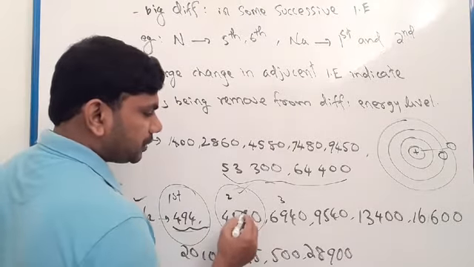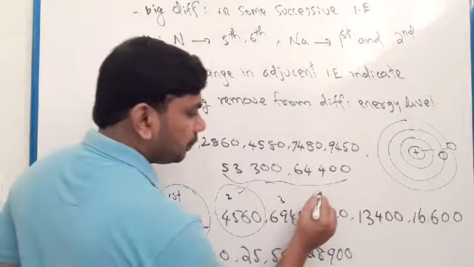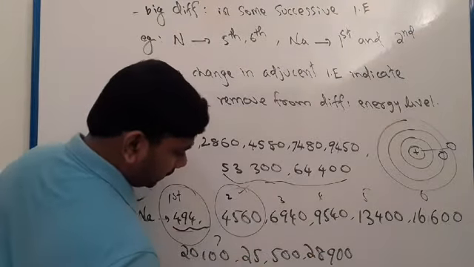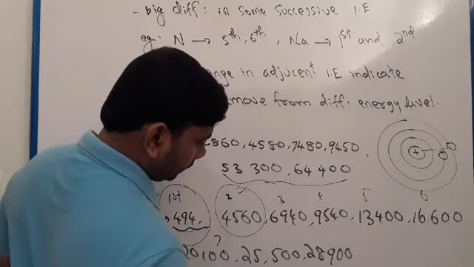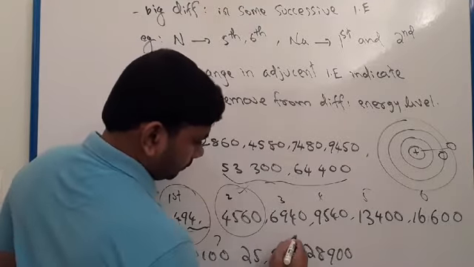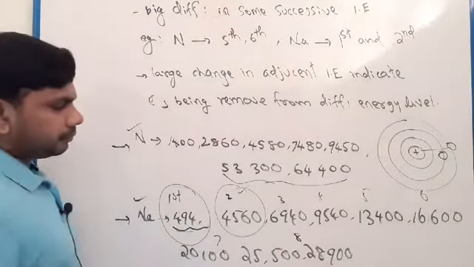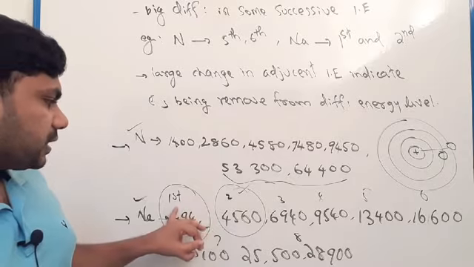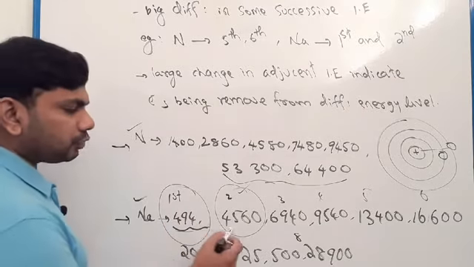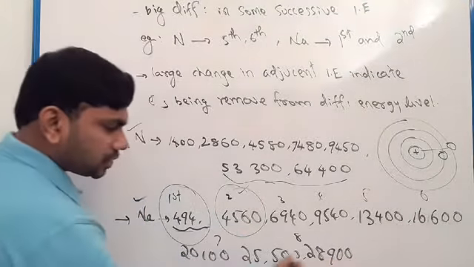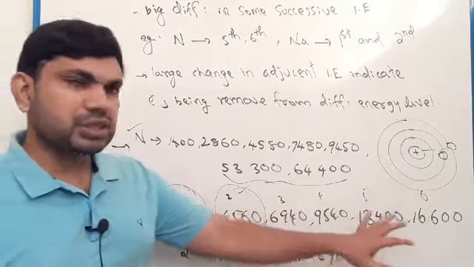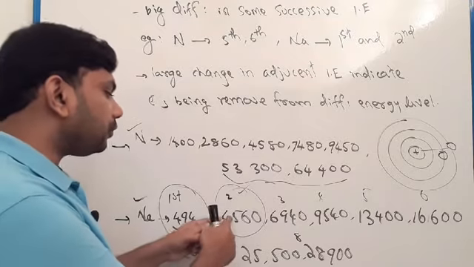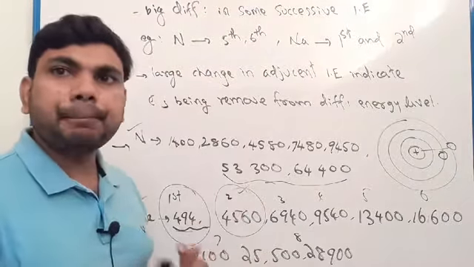After that here first, after that second, third, fourth, fifth, sixth, seventh, and eighth. So here after first ionization energy, when you compare these values, they are much closer. These values are closer. There is no big difference. Okay, here 494, here 4560. There is a big difference.